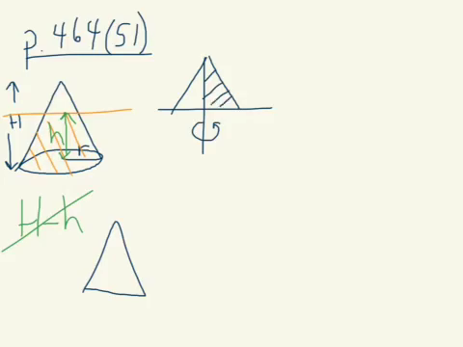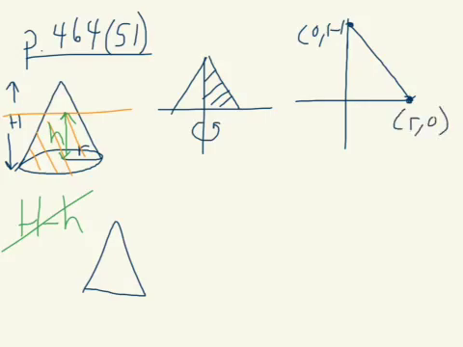So essentially what we're going to do is draw ourselves a right triangle. And this is going to be h, so I'm going to label this coordinate as 0, capital H. This is going to be little r, 0, so that's our radius right there.